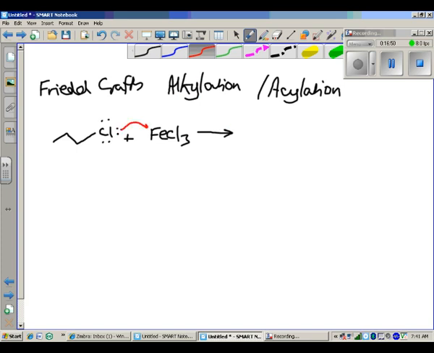We have our halogen with all its electrons, and what it does is we essentially get something that looks like this. Same thing as before, negative formal charge here, positive formal charge here.